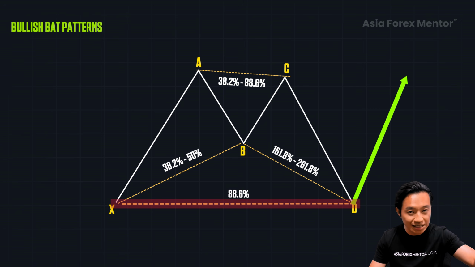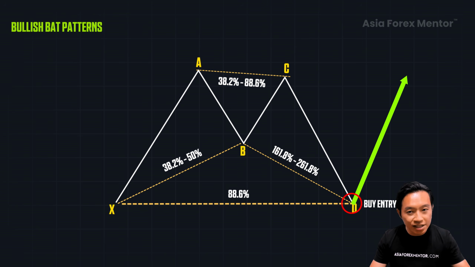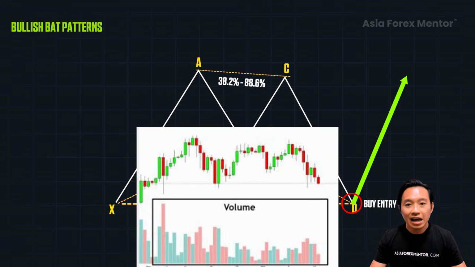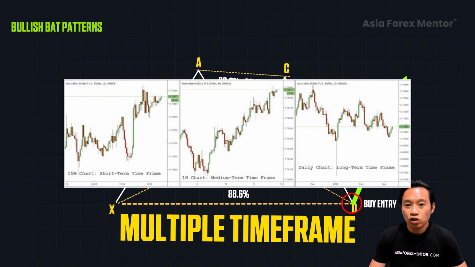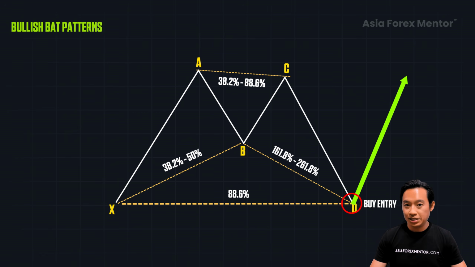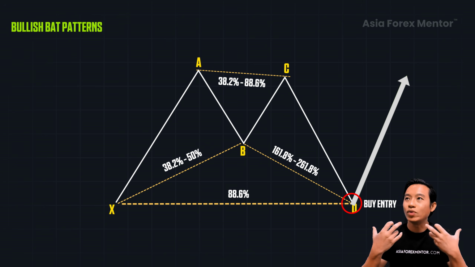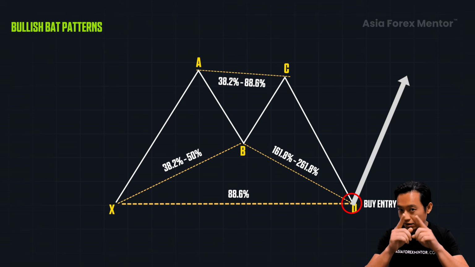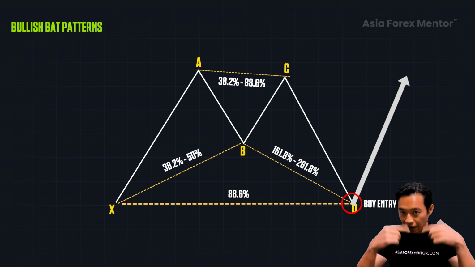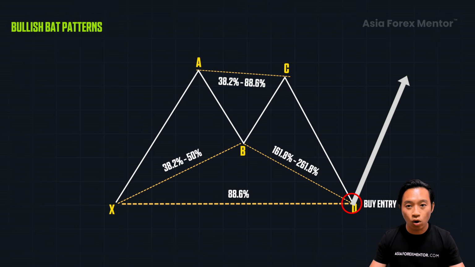I can also look for opportunity with candlestick confirmation, with volume, with multiple time frames, etc., to go for a buy entry upwards here. So this is how we progress in trading as we understand more. Now, this is helpful, isn't it? I'm going to keep going and put them all together.